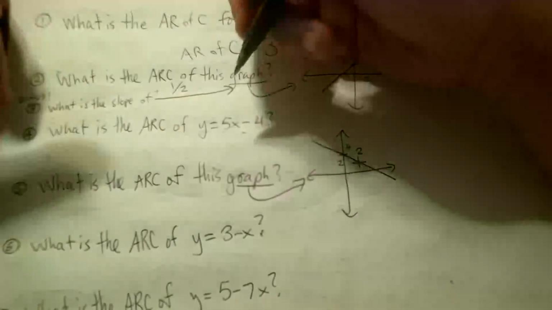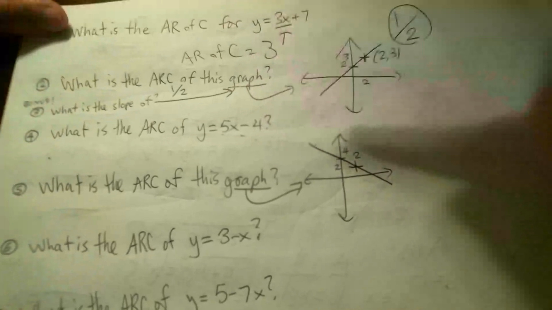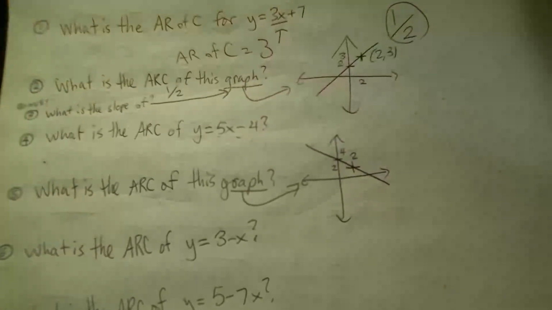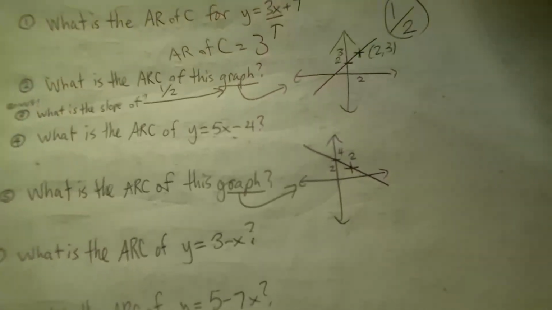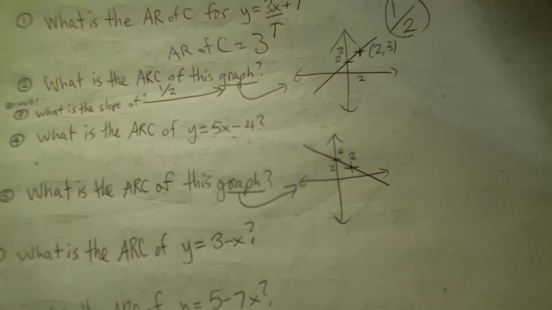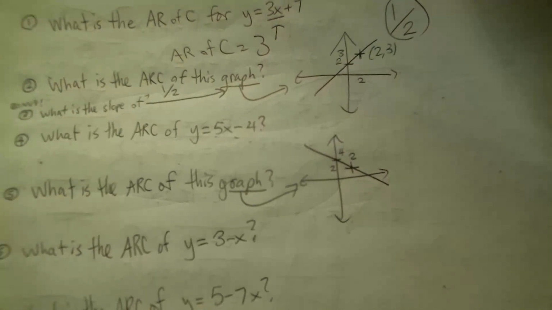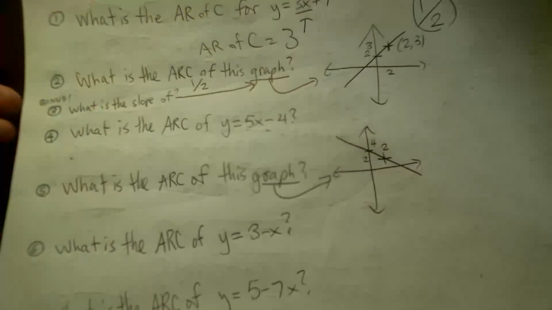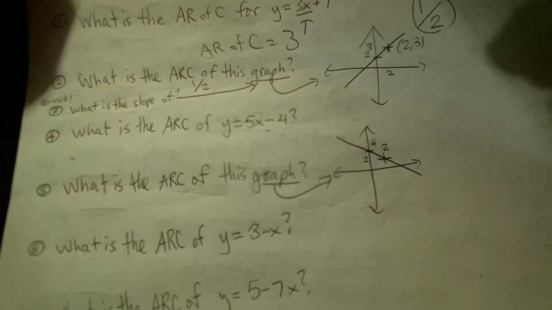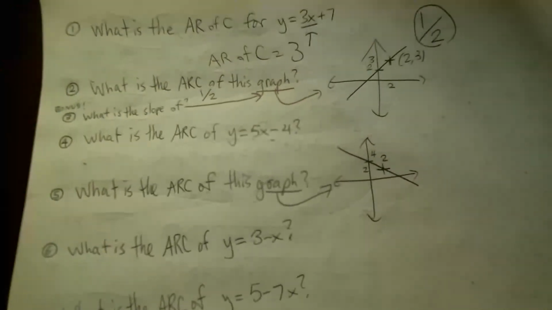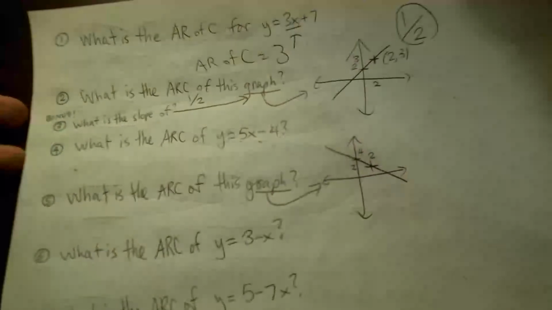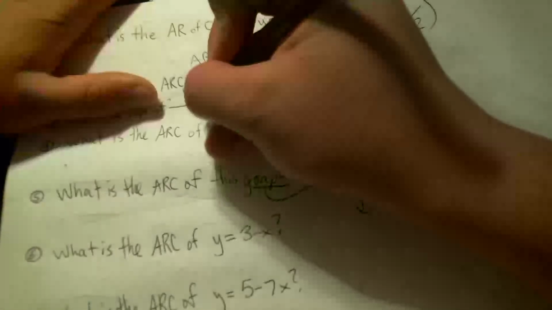So here's a bonus question. What is the slope of this graph? The slope would be exactly the same as the average rate of change, which in this case is 1/2. So our slope is also 1/2.